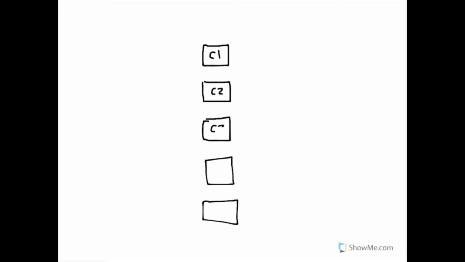So even though there are 7 cervical vertebrae, we're only drawing the first 5. So let's number these as C1, C2, C3, C4, and C5 vertebrae.